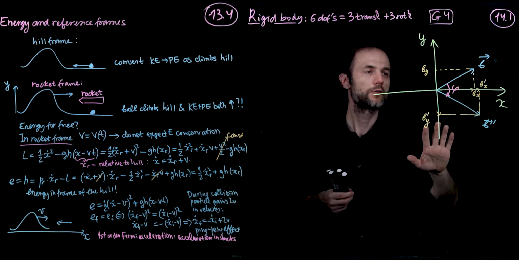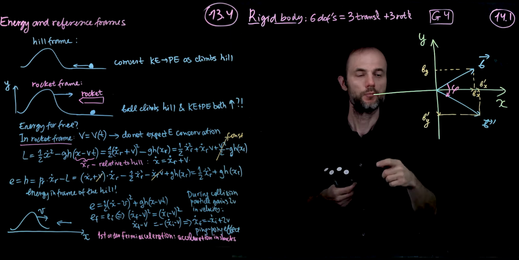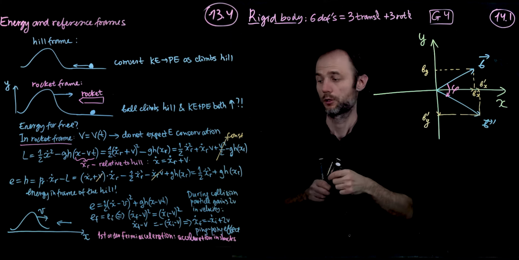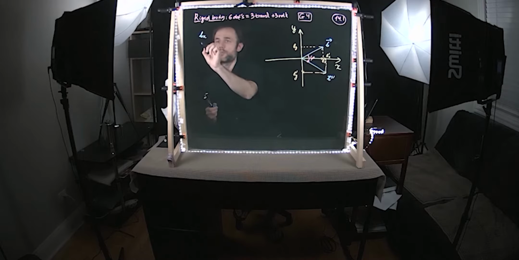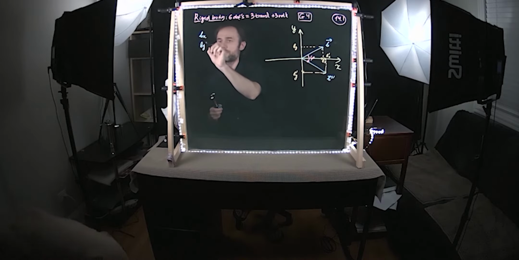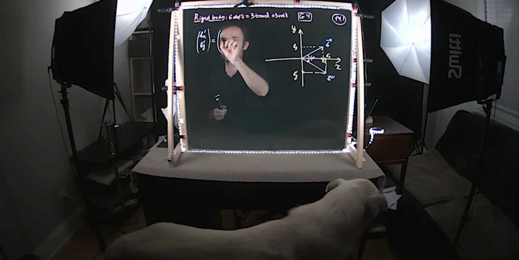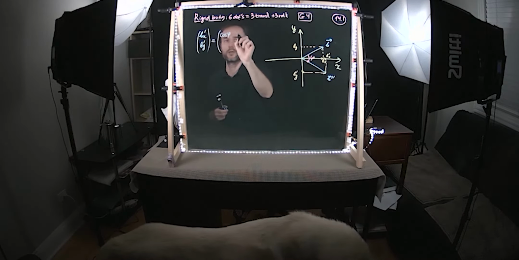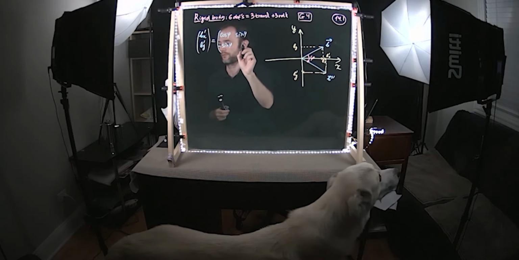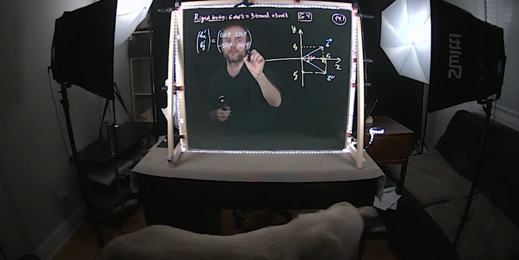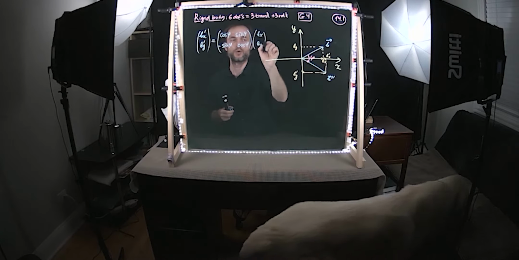So let's try and find the relationship between bx, by, and bx prime and by prime. Using the regular rotational matrix, we can write it out as cosine phi, sine phi, minus sine phi, cosine phi, times bx, by.